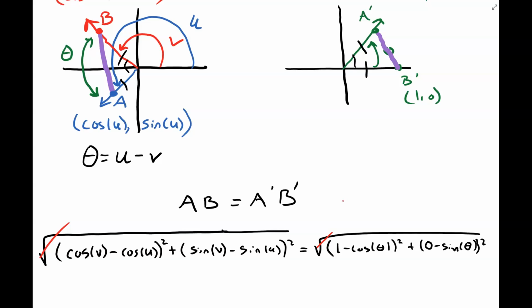I probably want to get rid of the squares, right? I can't square root both sides because then I'd be back at exactly what I have here. But what I can do is multiply those out, because cosine v minus cosine u squared is just cosine v minus cosine u times cosine v minus cosine u. So you just FOIL that out, right?